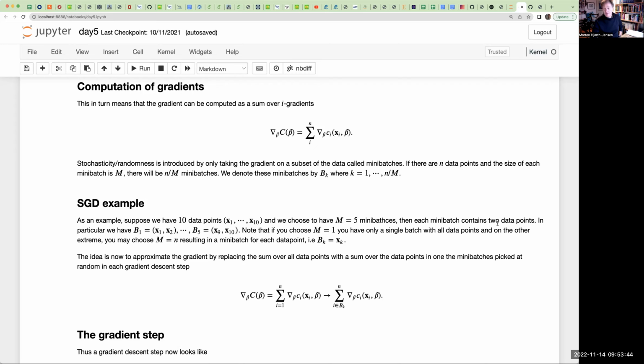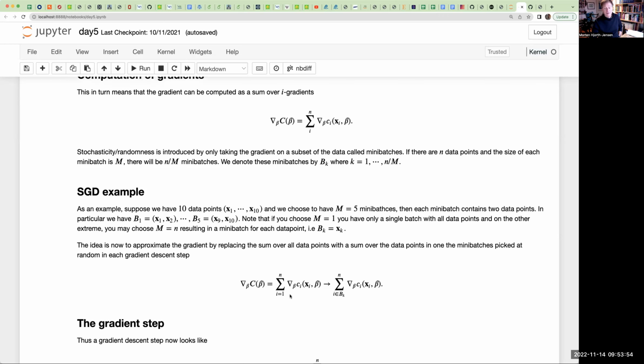Then each mini batch contains only 2 data points. And the starting point here is normally selected randomly. So your gradient now, instead of looping over all the data, is being looped over the number of batches which you have.